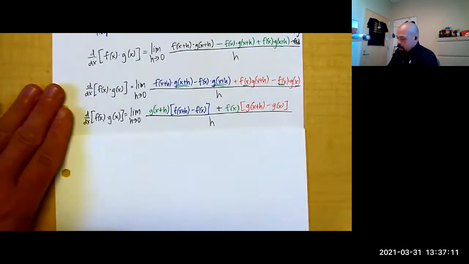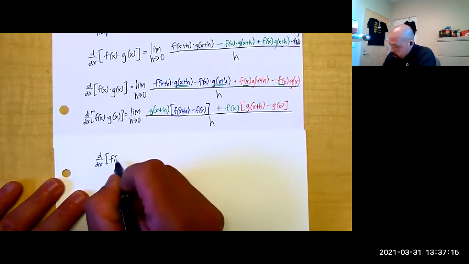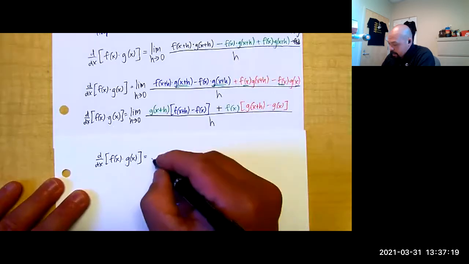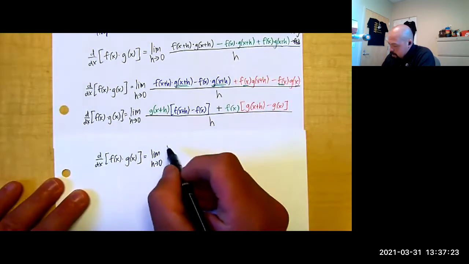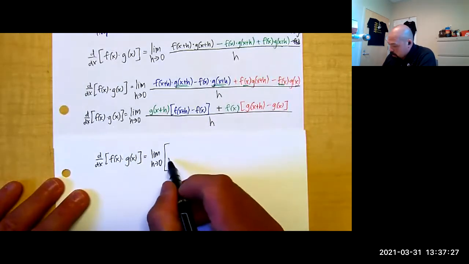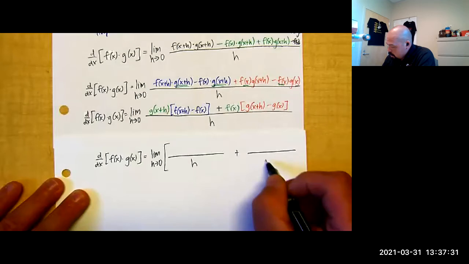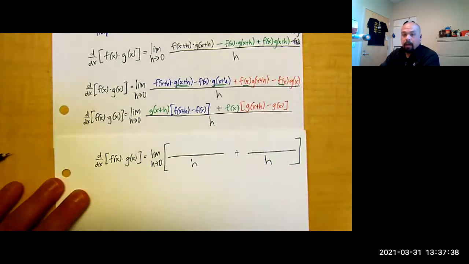So now, again, some of our algebra, we can separate those components over this single denominator, okay? So there's my h denominator, the same denominator for both, okay?